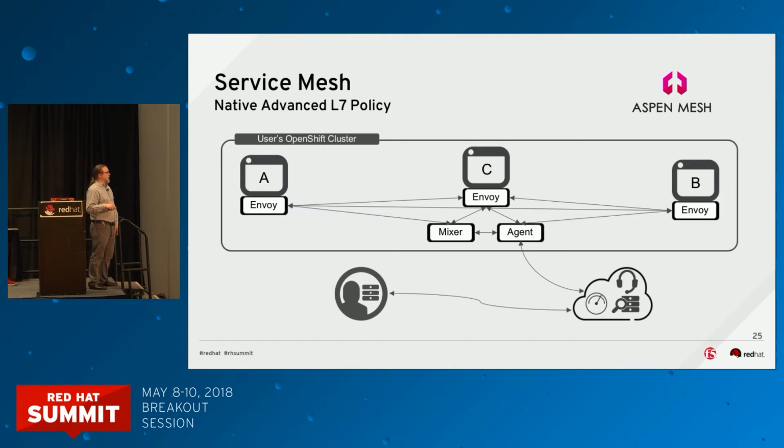And then we add in an agent, and the agent essentially takes the communication that's coming out of Istio, all the telemetry and the data, and then it pipes it out to a cloud service, a software as a service model, and it allows you to visualize that data through applications like Grafana and Jaeger, as well as it adds some of its own capabilities to do things like showing you the health of the service mesh and whatnot. And all of that is through a single login portal. And Dylan, I think the important icon there is the little headset. It's a fully supported solution. It will be a fully supported solution from F5.